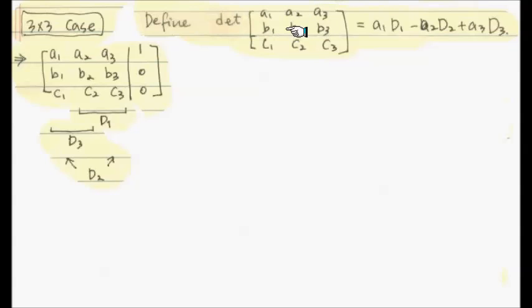Then you're left with B1, B3, C1, C3, the 2 by 2 matrix after you remove the row and the column. Then the determinant of that is d2. Let's see if that's consistent with the third one, A3 here. A3 is there. So if you remove the row and the column, you're left with this 2 by 2 matrix right there. And that was indeed the definition of d3. The determinant of that 2 by 2 matrix was d3. Okay, so this is how it's defined.